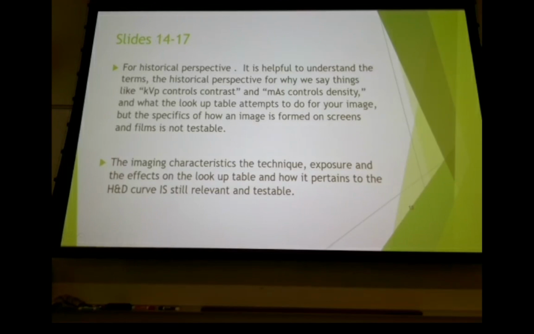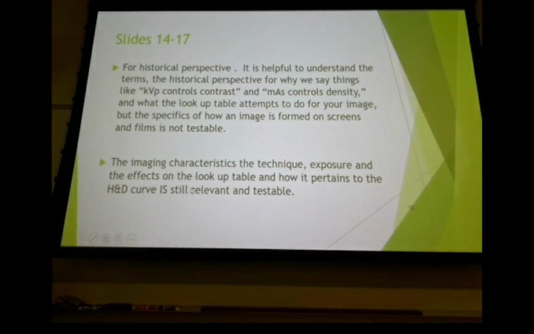So we've kind of just walked through an awful lot of this. We're going to take a look at what the H&D curve is here in just a bit, if we have time, and how it applies now. We used to have to chart our processor chemistry and how exhausted it was, and that was the foundation for the H&D curve.